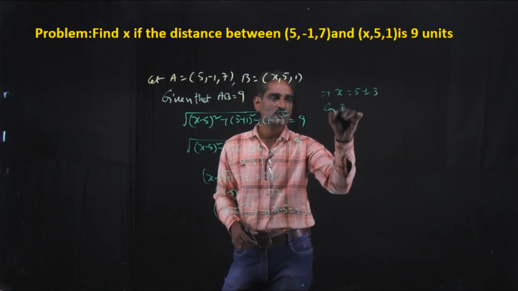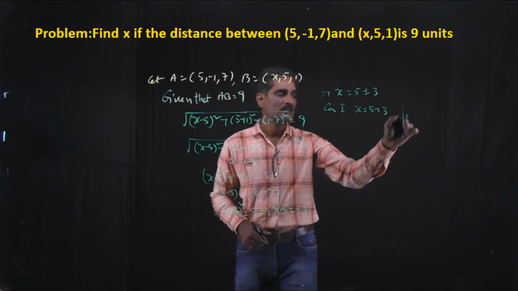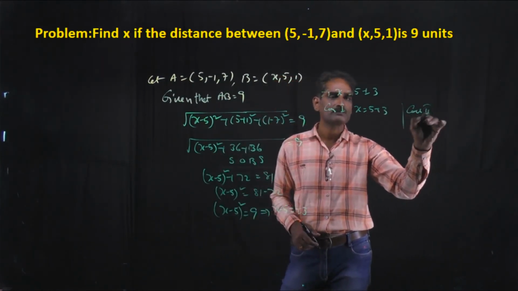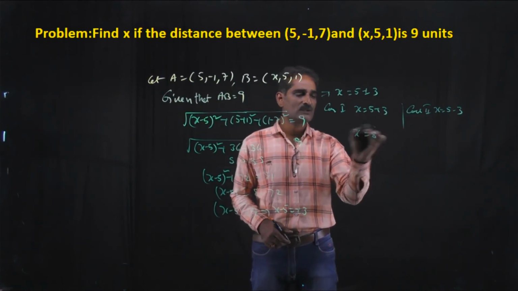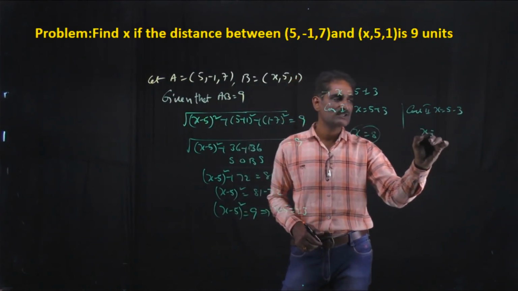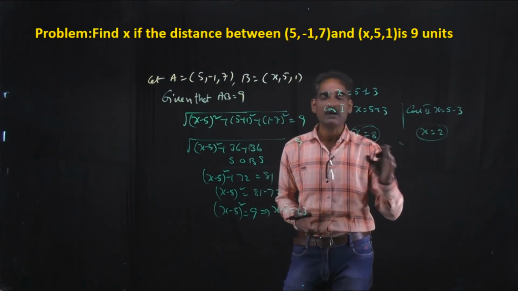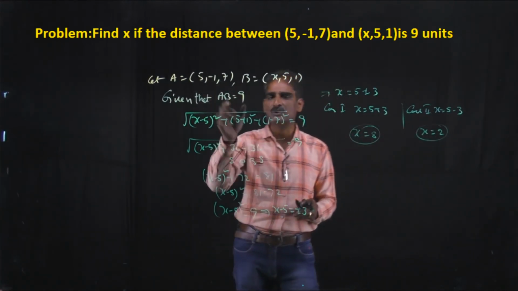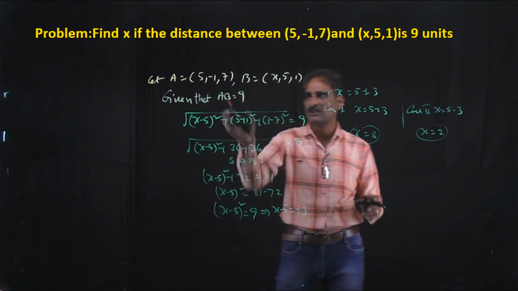Case 1, case 2. Here in case 1, x is equal to 5 plus 3, and in case 2, x is equal to 5 minus 3. Therefore from this we will get x equal to 8, and here x is equal to 2. So if x is equal to 8 or x is equal to 2, we will get the AB length equal to 9 units.